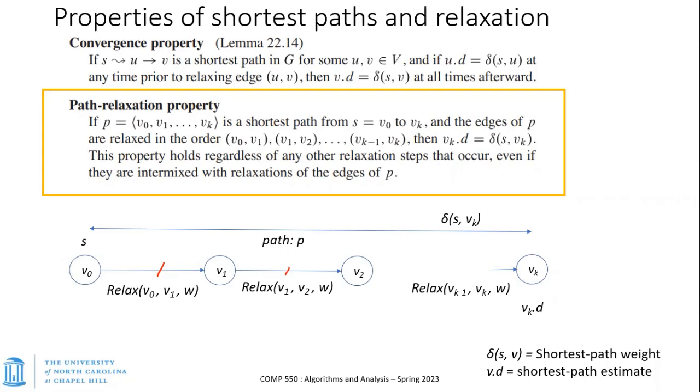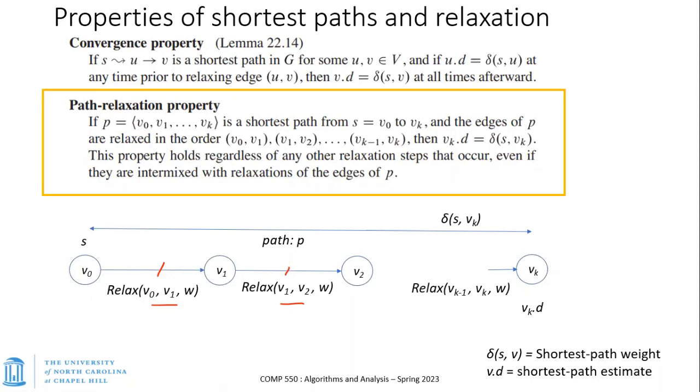We're saying that we have all of these edges which comprise the shortest path, and we're going to relax each one of those edges in that particular order. We relax V0 to V1 first, then V1 to V2 next, and we go all the way in that order until we get to the final vertex Vk.